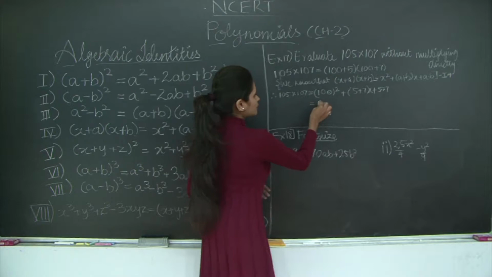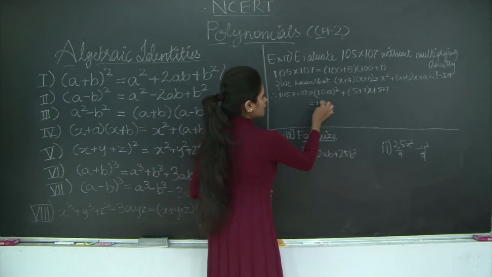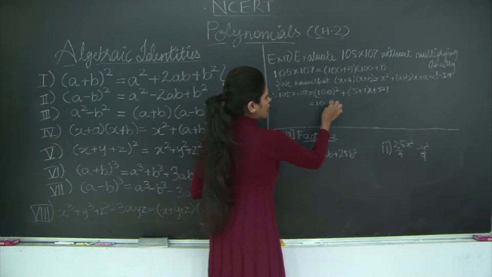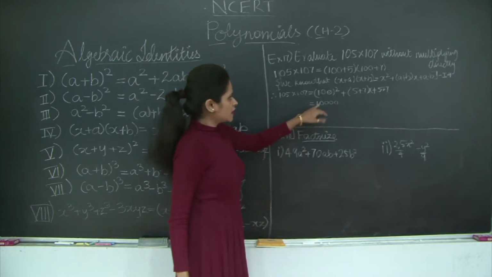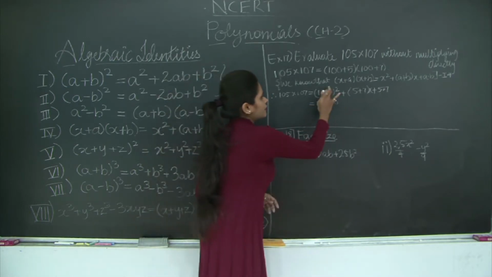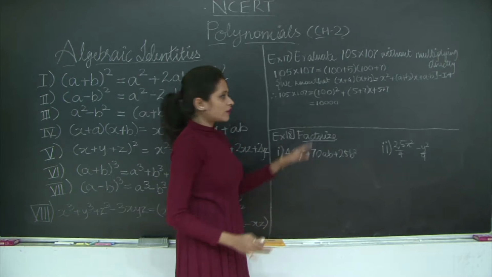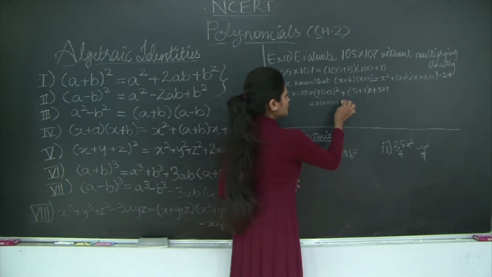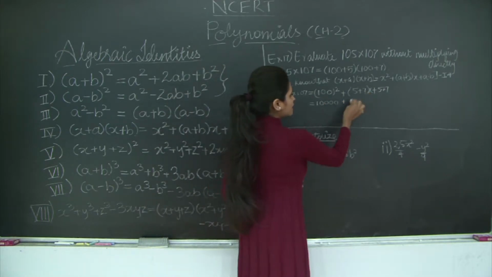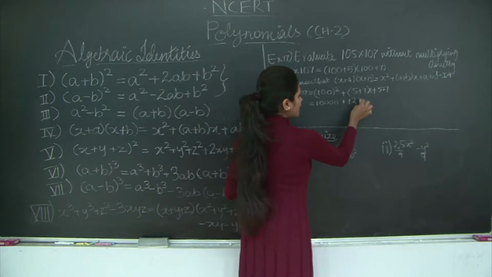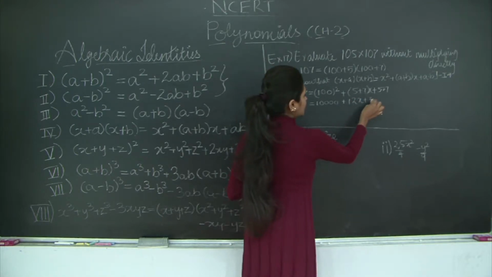This is equal to, now 100 square would be 100 into another 100, right? So 4 zeros. Why? Because you're squaring it up. This is not an emoticon, this is a 0. 7 plus 5 is 12. So 12x plus 35.